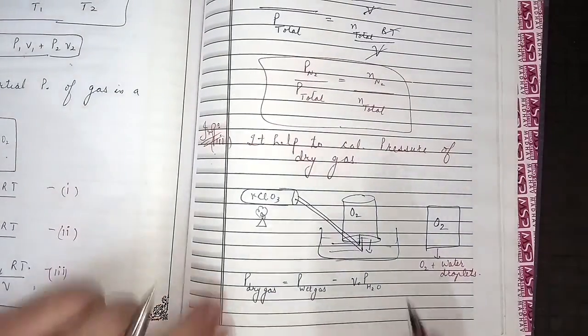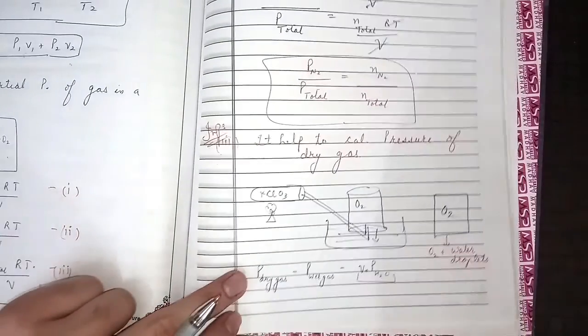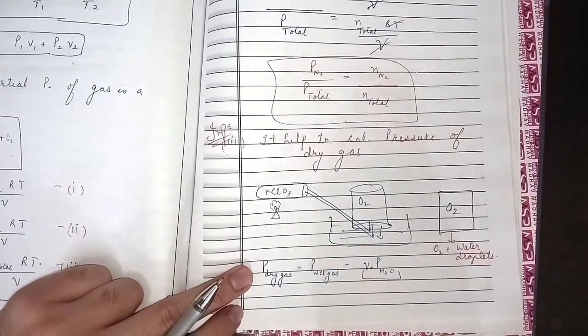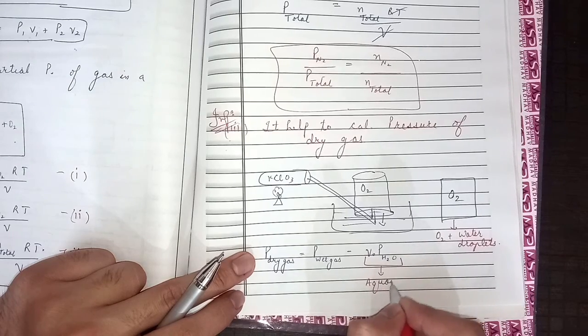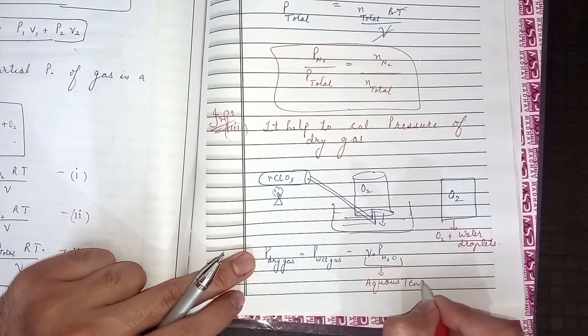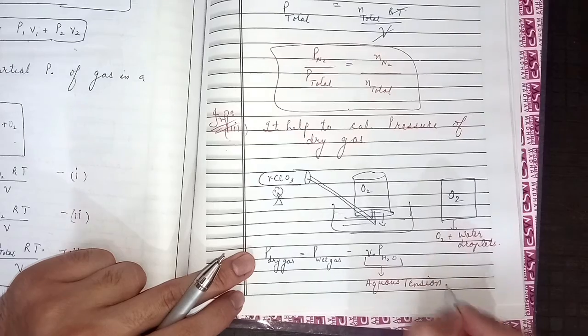Now this term vapor pressure plays its role. The term vapor pressure is also known as aqueous tension.